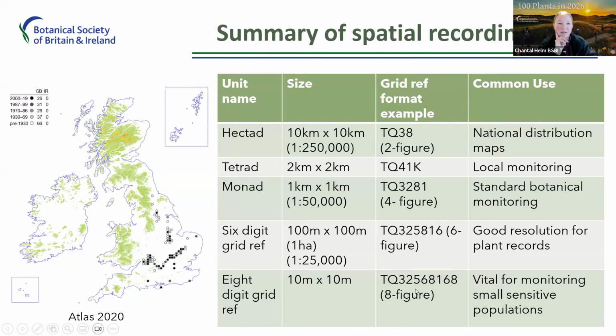It will depend on the accuracy of your device, but that will be measured by the software. And then when that record ends up in the database, we'll be able to work out what resolution was possible based on the device's software and other technical aspects of that record. Okay, so I suppose the moral is to record 8-digit if you can. 10-digit I don't think will be very useful because none of our phones will be that accurate, I don't think. But 6-digit is good.